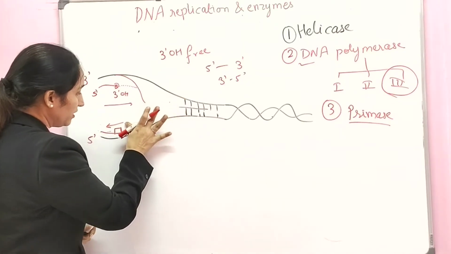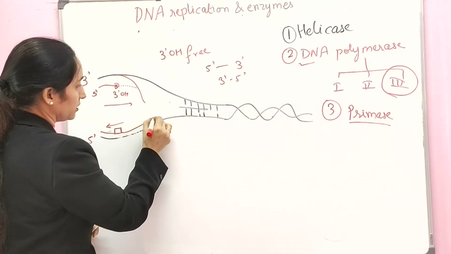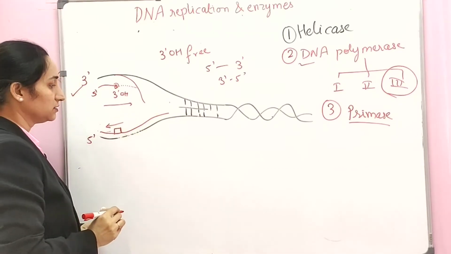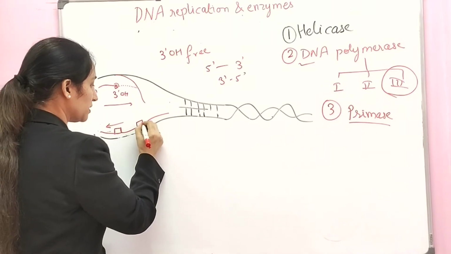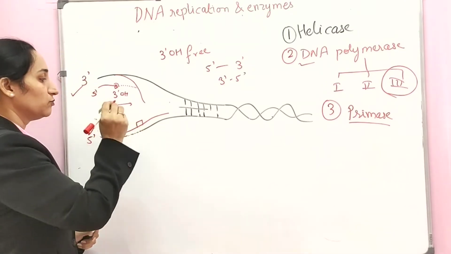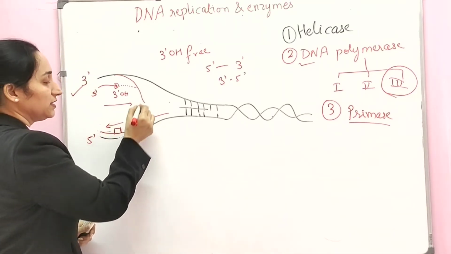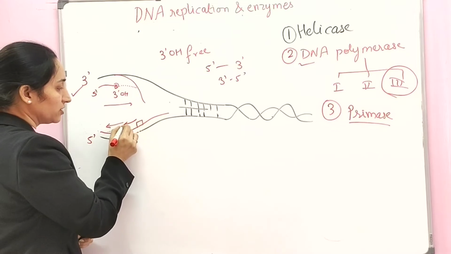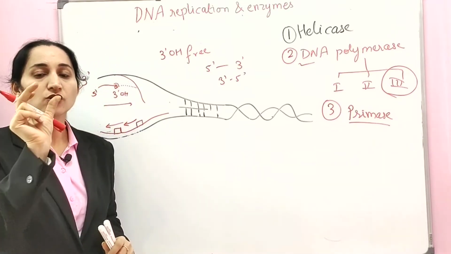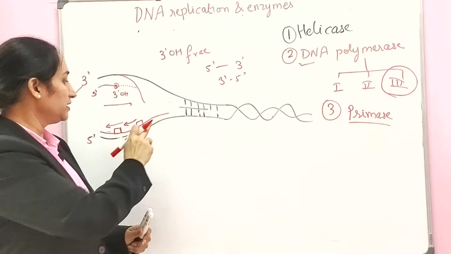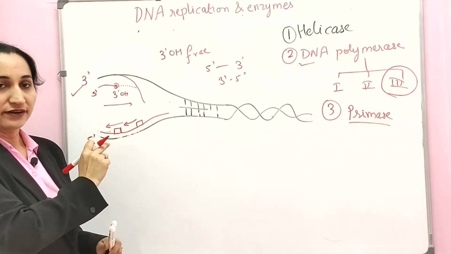Now when more hydrogen bonds are broken, then what will happen? Again one more primer will be added here, and then DNA polymerase 3 will work again in this direction. So finally there are a few small fragments formed in this strand, right?